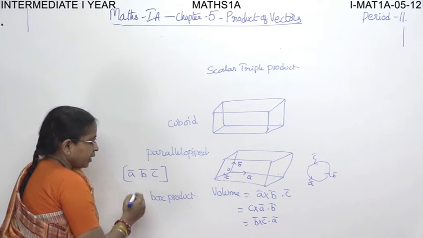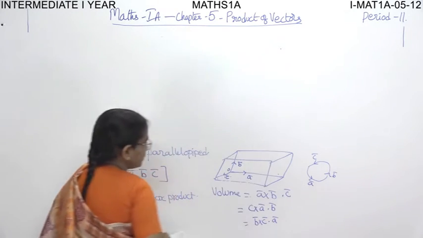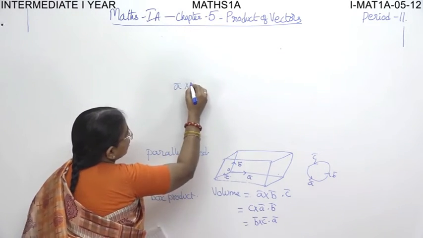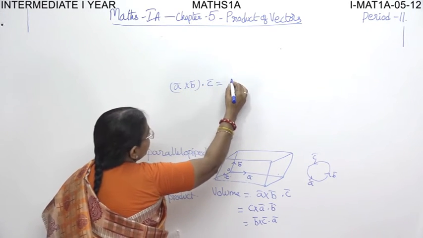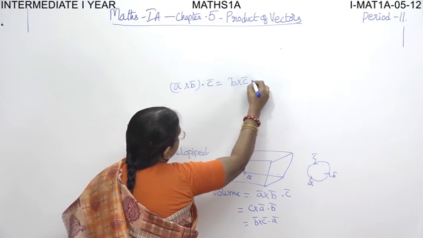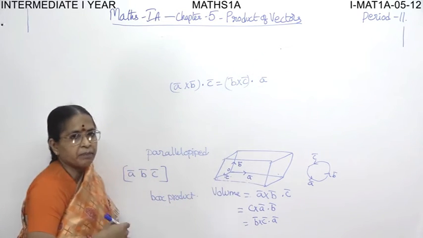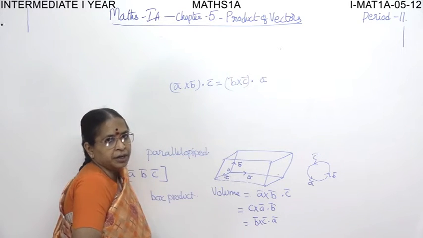So here one more property we'll learn. All the three are equal now. So A cross B dot C is equal to B cross C dot A. Just now we proved it is nothing but the volume of the same parallelepiped. Now dot product is commutative, we already know that.